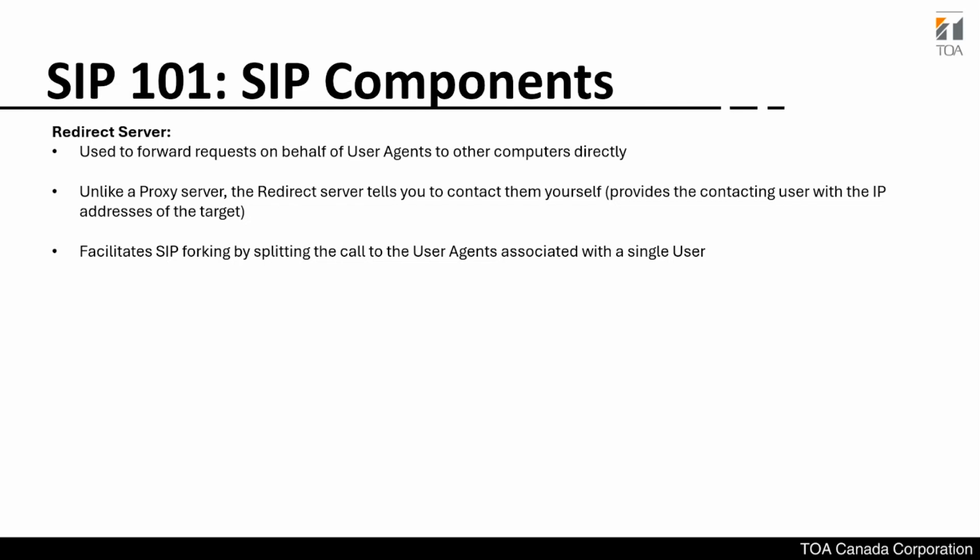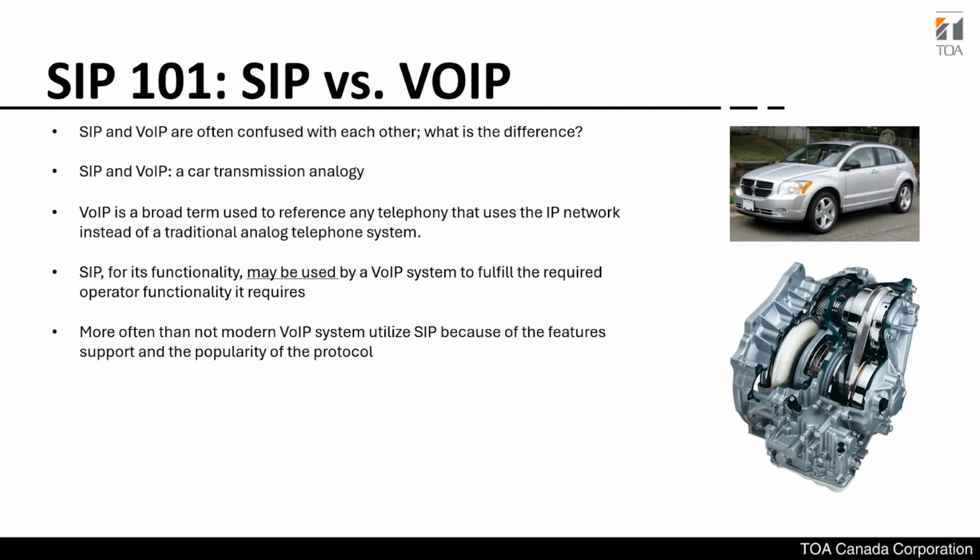It means that endpoints will receive the information about other endpoints from the redirect server, which is not exactly secure. So the proxy server is more secure. The redirect server also facilitates SIP forking by splitting the call to the user agents associated with a single user, so it can be called to two agents or more.